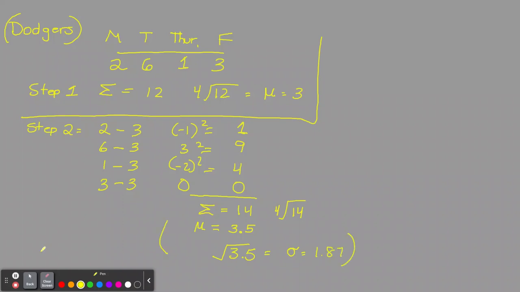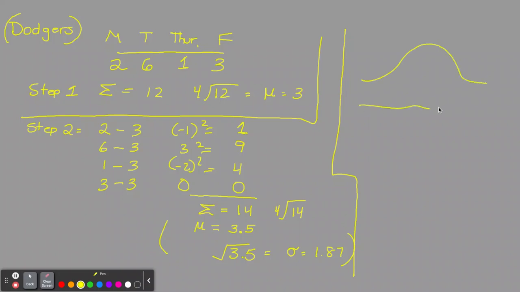Those are 2 examples. So what does this all mean? So the lower the standard deviation, that means that the numbers, the values, in this case the runs, the lower the standard deviation is, the more the numbers are clustered together. So if you see it on a chart, and in the next video we'll talk about a bell curve. Bell curve kind of looks like this. It's a curve.